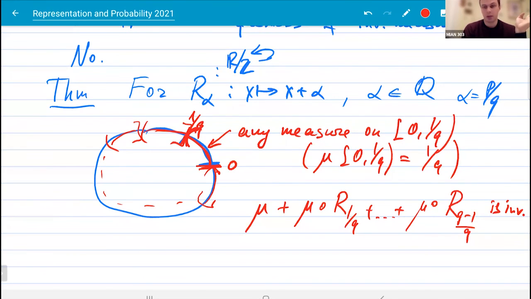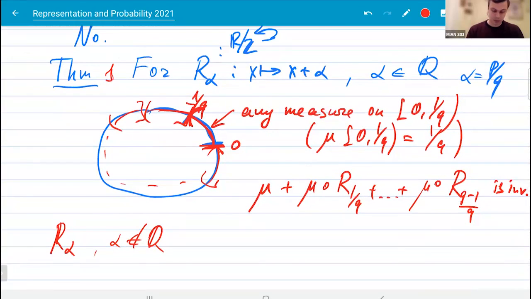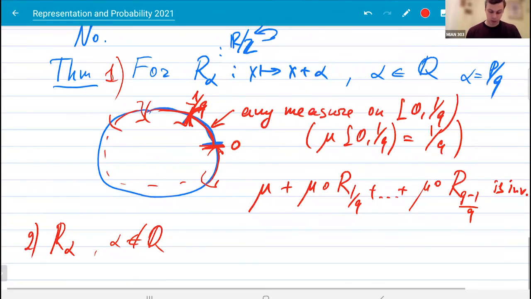But this is not so interesting, because this is definitely some sort of pathological situation when you have some power such that our map is the identity. This is not interesting. So the next case is R alpha, where alpha is irrational.